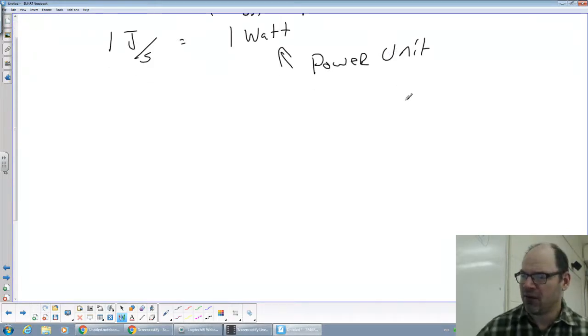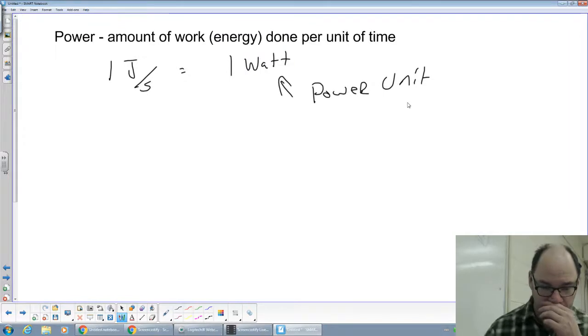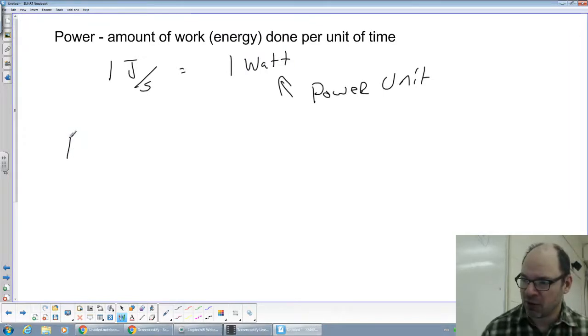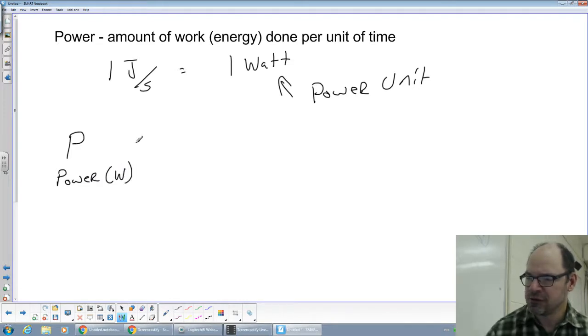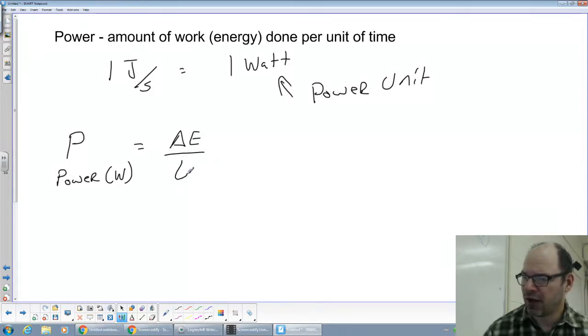Okay, formula-wise, it's very simple. If we're talking power, we'll use P. Don't get it mixed up with momentum. Momentum has an arrow over top, or capital P is vector. So we'll call this power, and it's measured in watts. That's basically a change in energy over time, or a change in work over time.